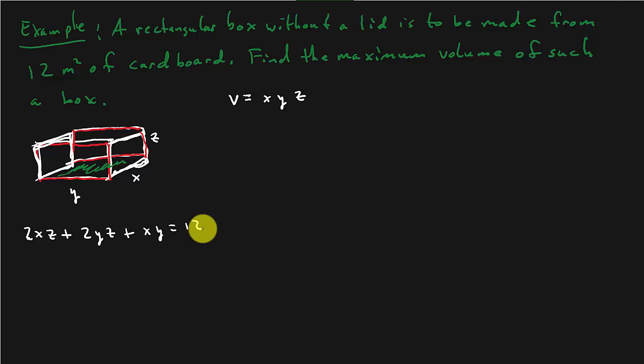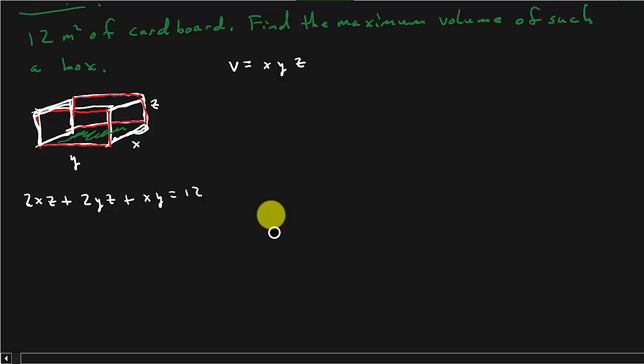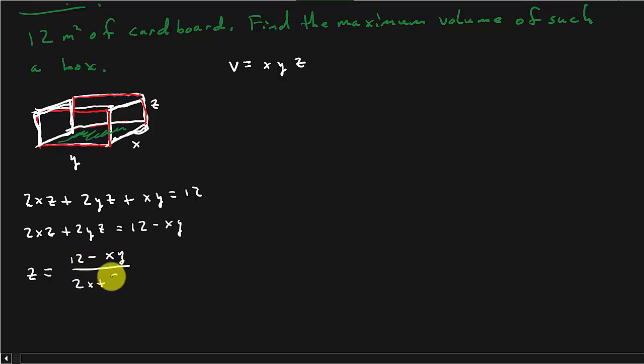And so you can see that we have 2xz plus 2yz equals 12 minus xy. And so if we factor out a z, we're left with 2x plus 2y, so z equals 12 minus xy over 2x plus 2y. And let's write it z equals 12 minus xy over 2 times (x plus y).